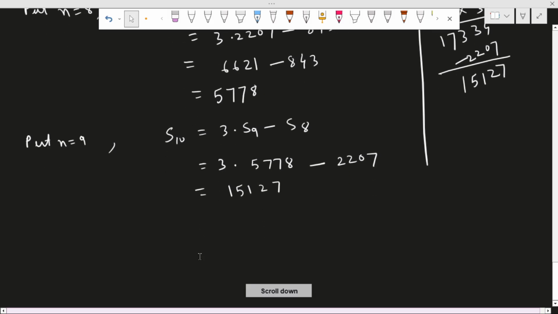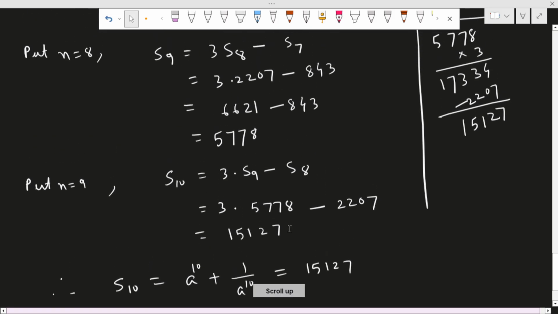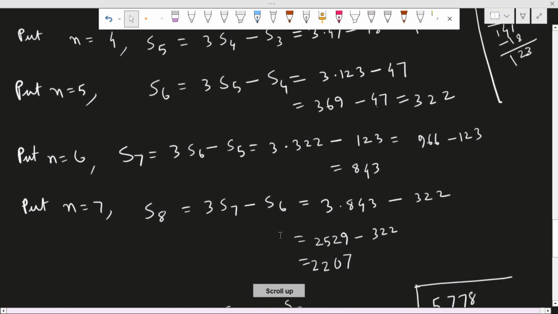Hence, therefore, S10, that is equal to a to the power 10 plus 1 by a to the power 10, that is equal to 15127. Verify the answer we had before.